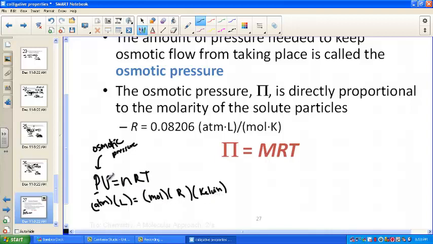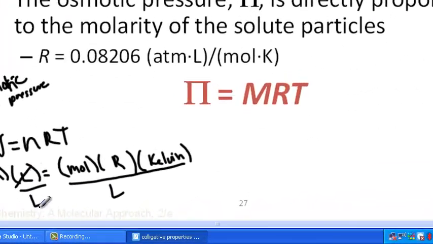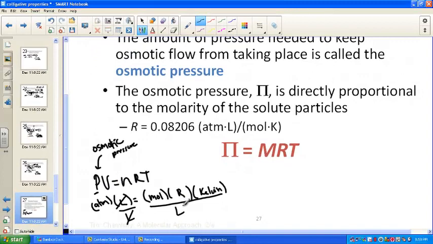If I think about PV equal nRT and a way to manipulate this to solve for just pressure, what if I divide both sides by the volume to cancel out the liter unit? Now, I'm just kind of erasing the volume by putting it underneath, just to isolate the pressure.